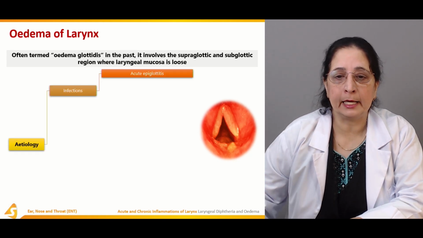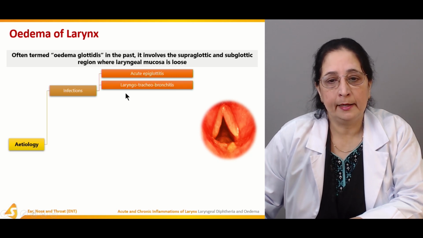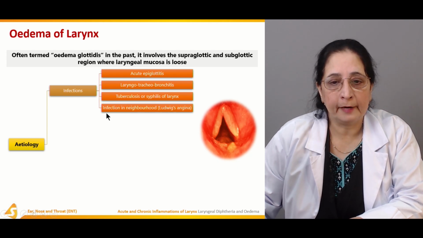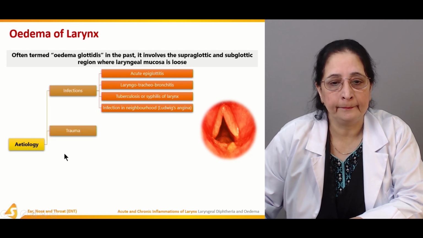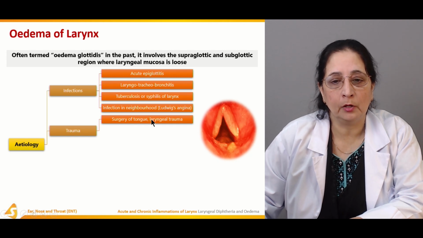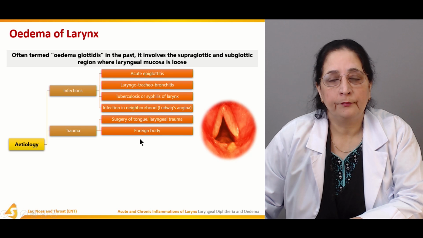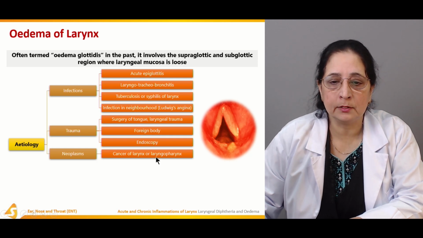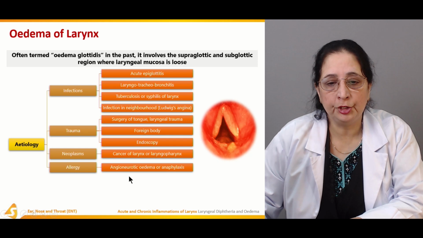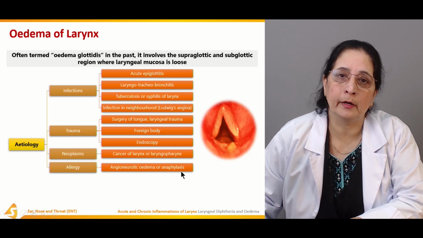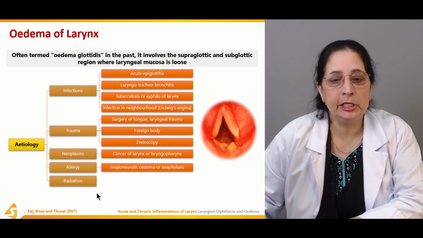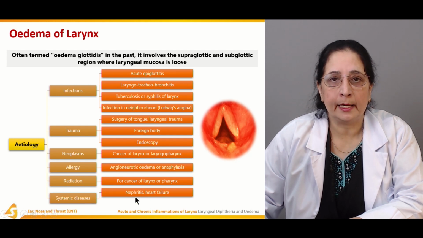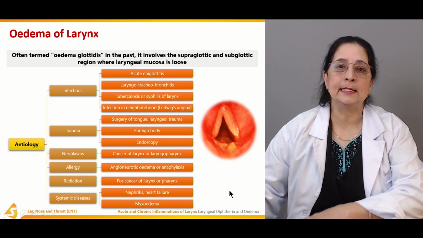Causes include infections like acute epiglottitis, laryngotracheobronchitis, tuberculosis or syphilis of the larynx, infection in the neighborhood such as Ludwig's angina, trauma which can be surgery of the tongue and laryngeal trauma, foreign body, endoscopy, some neoplasms like cancer of the larynx or laryngopharynx, allergy, angioneurotic edema or anaphylaxis, radiation for cancer of the larynx or pharynx, and systemic diseases like nephritis, heart failure, and myxedema.